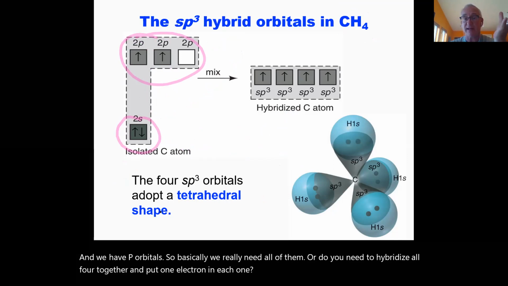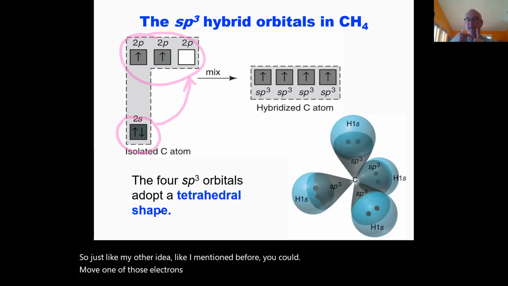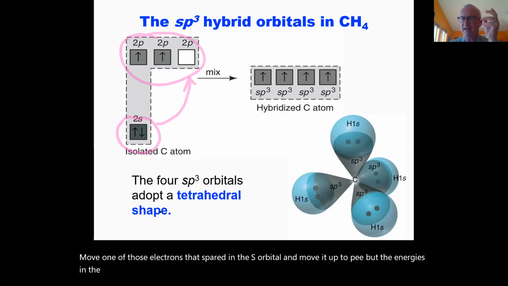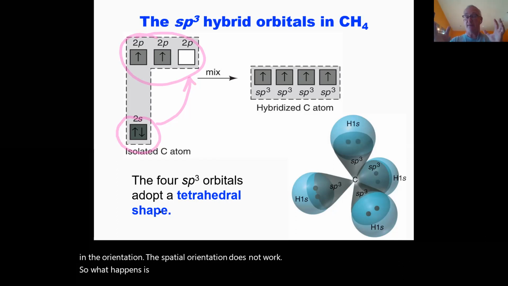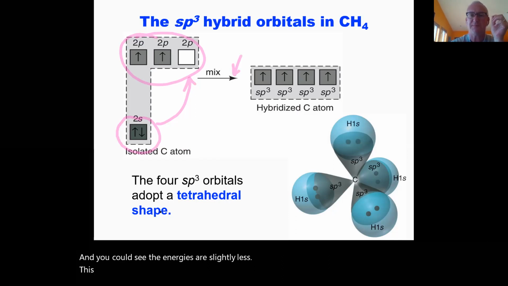So just like my other idea, like I mentioned before, you could move one of those electrons that's paired in the s orbital and move it up to p, but the energies and the spatial orientation does not work. So what happens is we have a different arrangement of those four electrons. And you can see the energies are slightly less. This hybridized orbital, this sp3 orbital, is slightly less in energy than p.